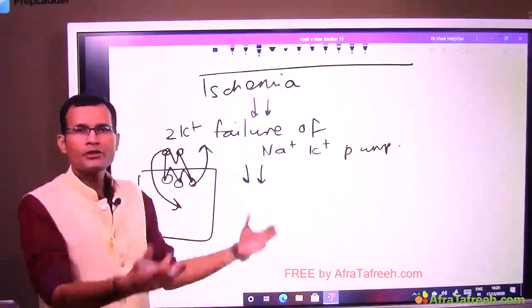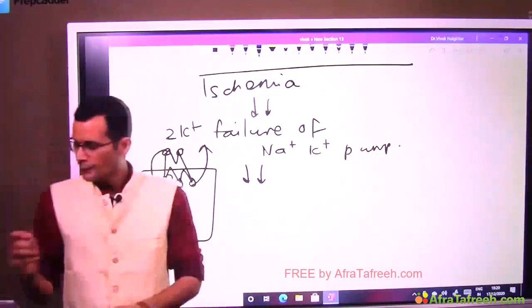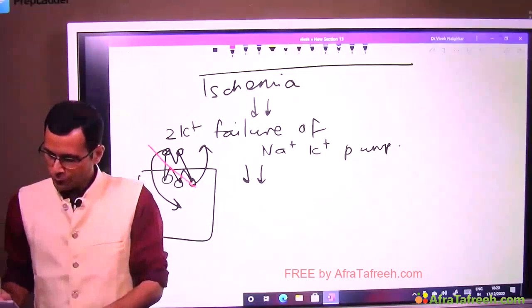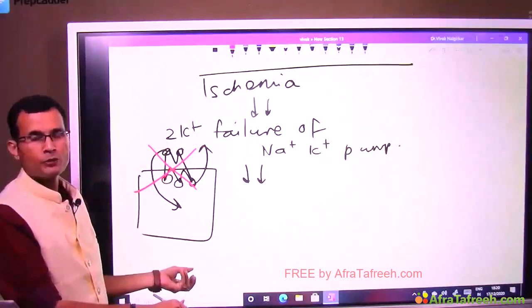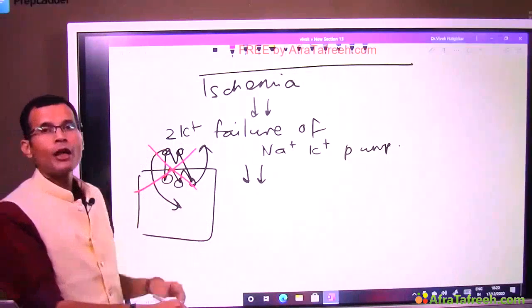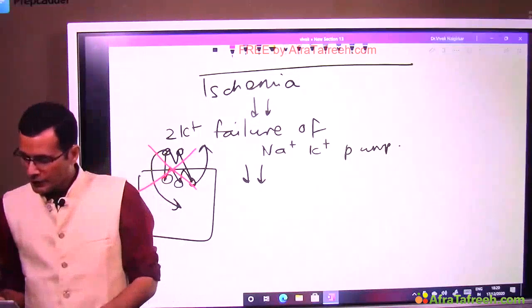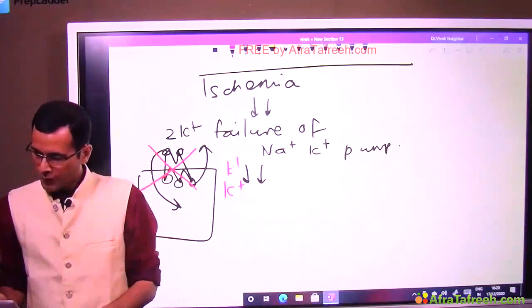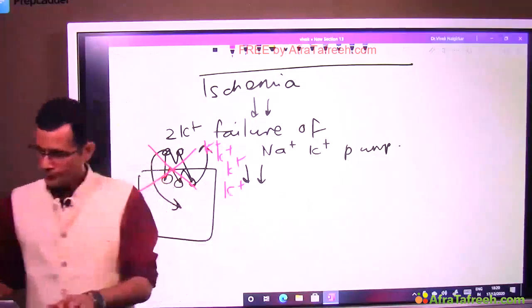Suppose there is myocardial ischemia, infarction, and this sodium potassium pump is failing. So this potassium which was supposed to be brought back into the cell by the sodium potassium pump, that will not happen now. Okay, that means potassium will start rising in the ECF.